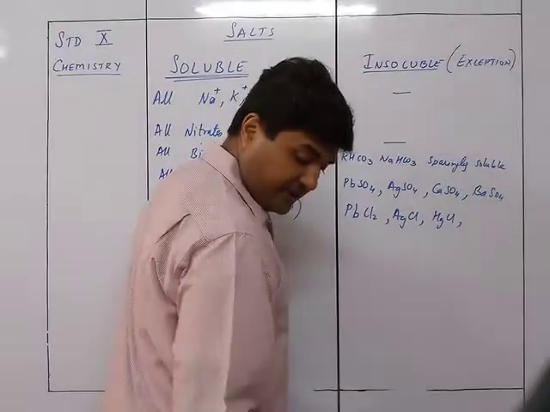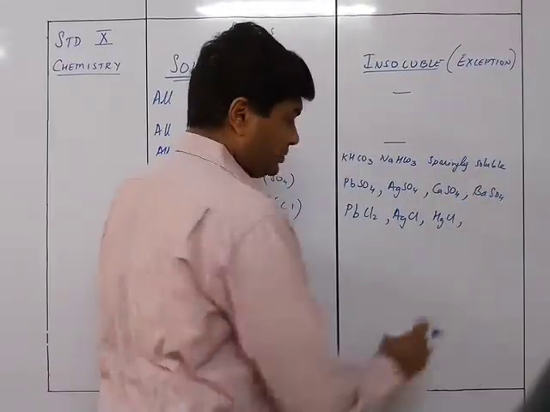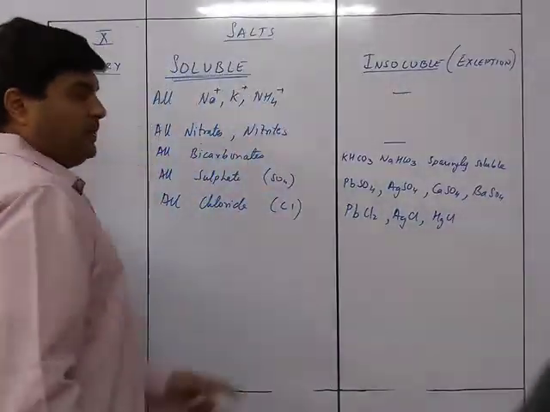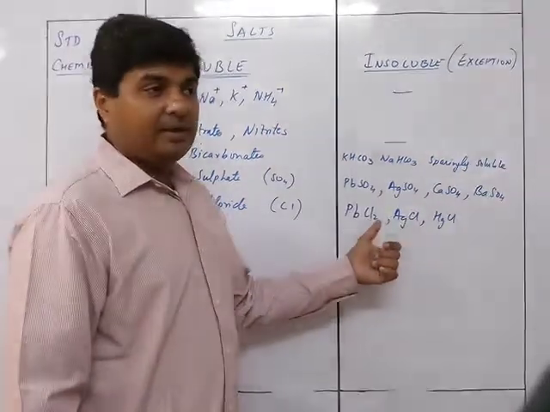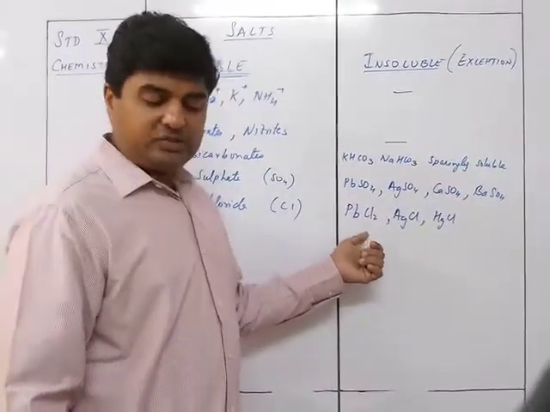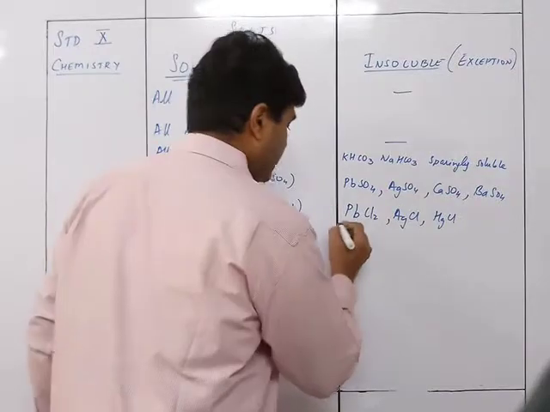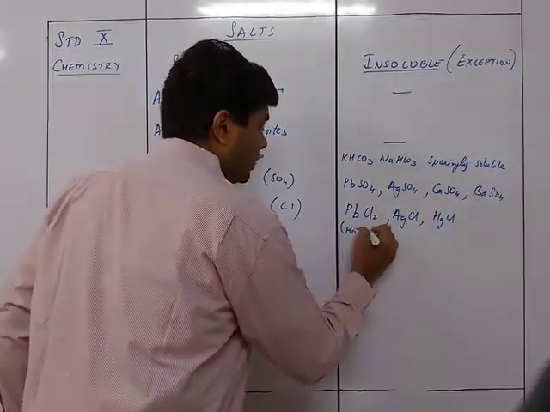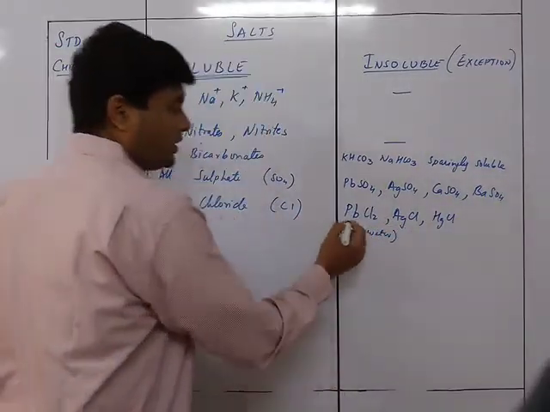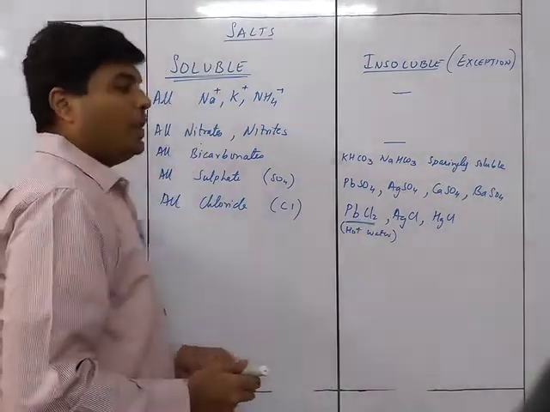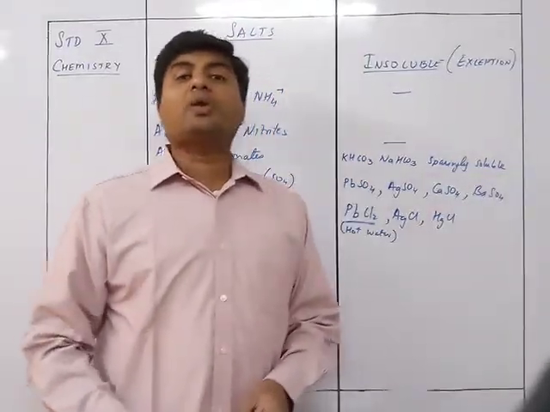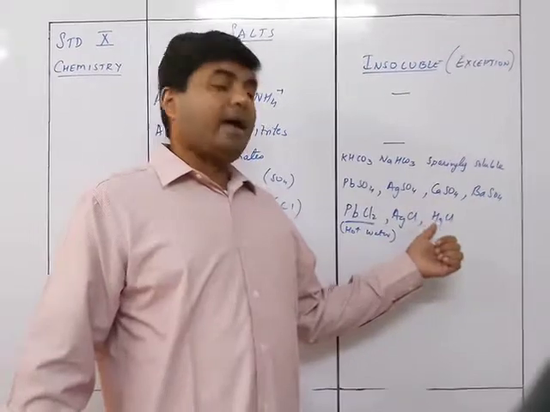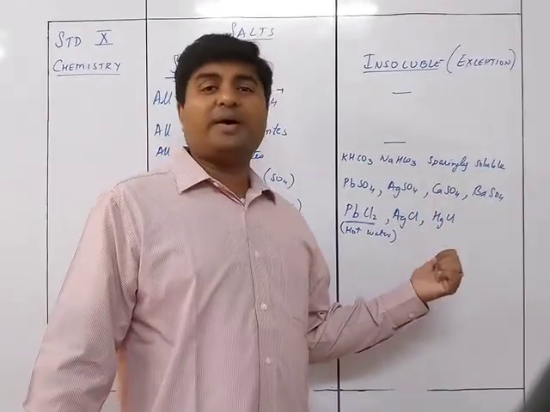So these are the 3: Pb, Ag, Hg. But here Pb is soluble in hot water. If I take hot water, then Pb is soluble. So as such, only insoluble chlorides will be silver and mercury.